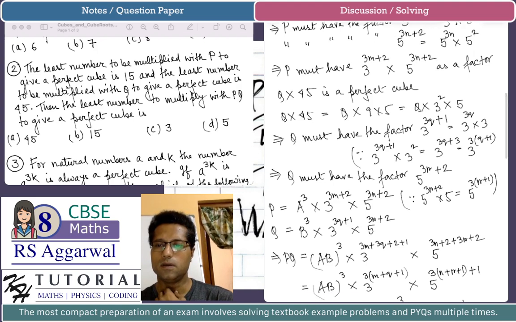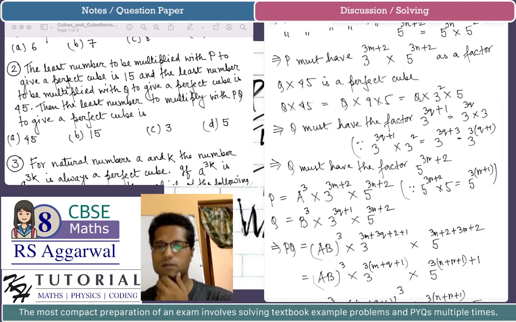And since 5 is a factor of 45, this means that Q must also have the factor of 5, which when expressed as a power of 5 will be 5 to the power 3r plus 2, because Q must have 2 factors of 5 which are not part of any triplet.